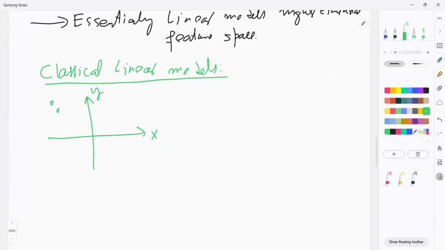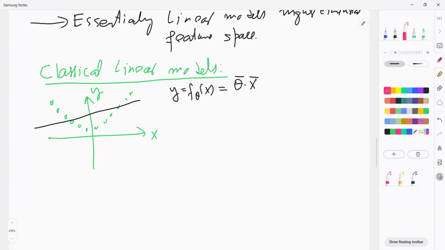Suppose the data is something like this, looking like a parabolic curve. And we want to find a model that fits this data. And suppose we only want to do a linear fit. Then we can easily see that whatever we do, it's going to be something like this. It's not going to fit the data very well.